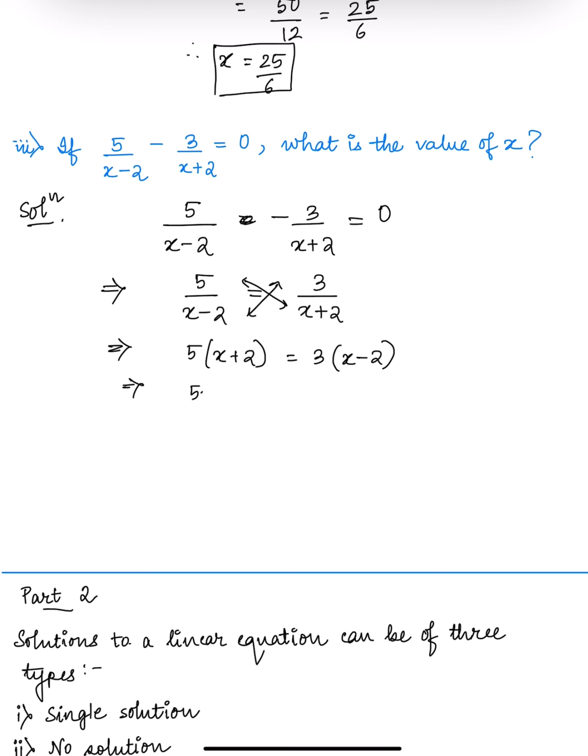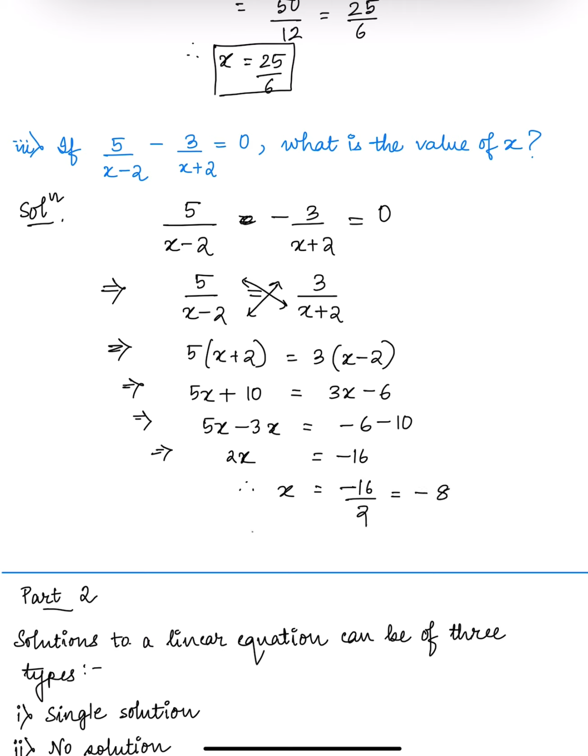That gives us 5x plus 10 equals 3x minus 6. So 5x minus 3x is minus 6 minus 10. So 2x will be minus 16. Therefore x will be minus 16 by 2, that is minus 8. So the value of x is minus 8. This is the final answer.